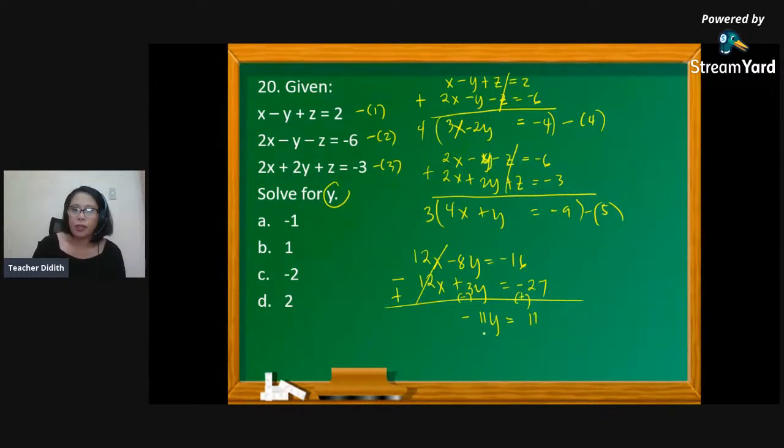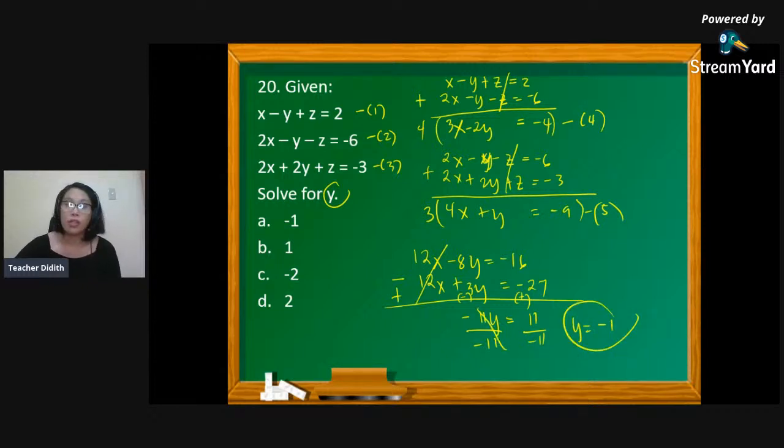Okay? So divide both sides by negative 11. So y is negative 1. And what's your answer? It's A. Check natin. Okay, correct. You are 100% ready for the quiz.